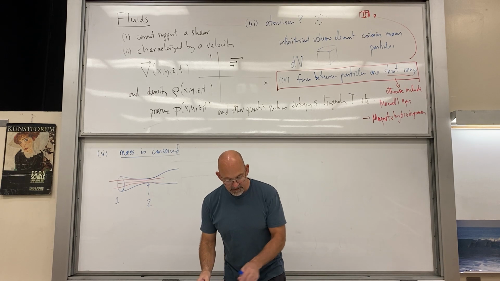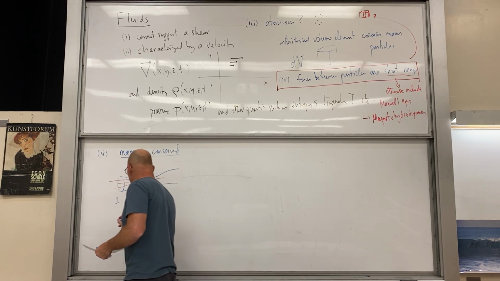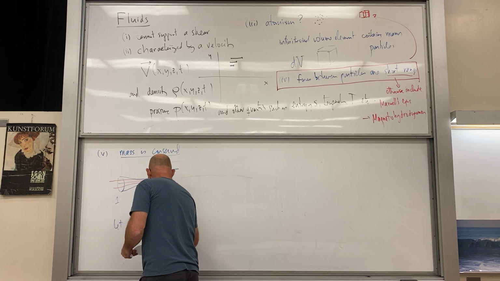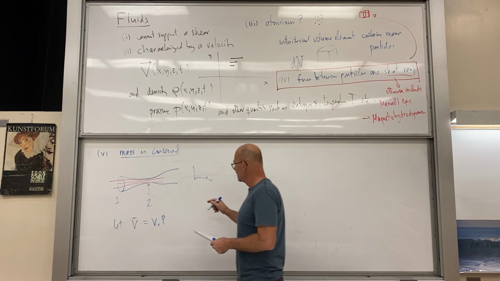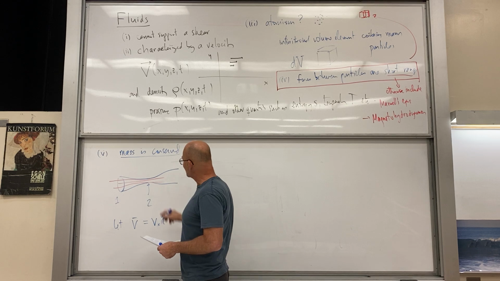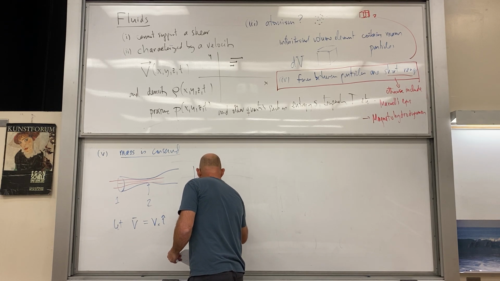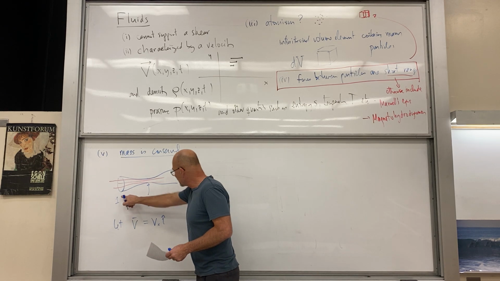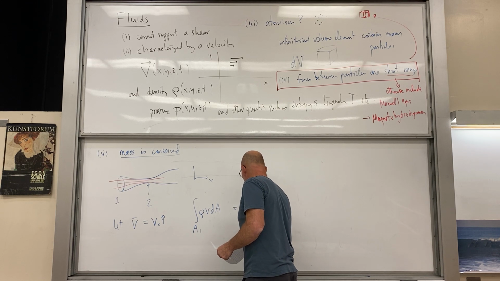So let's see how we're going to write this down. We've got this tapered pipe. Let V equal V sub x times i hat. So there's our x direction. The mass that flows in equals the mass that flows out. So we will have the integral of rho V dA through A1 equal to the integral of rho V dA through A2.